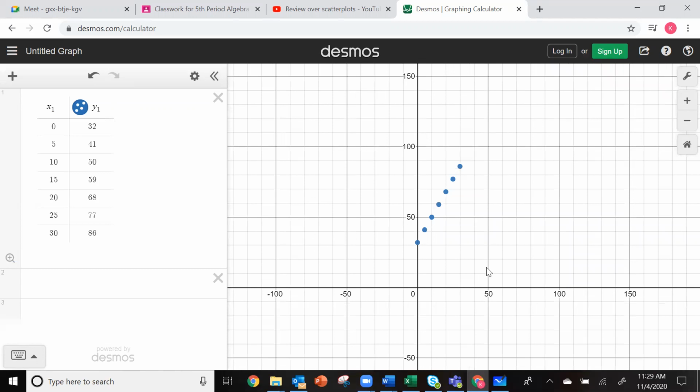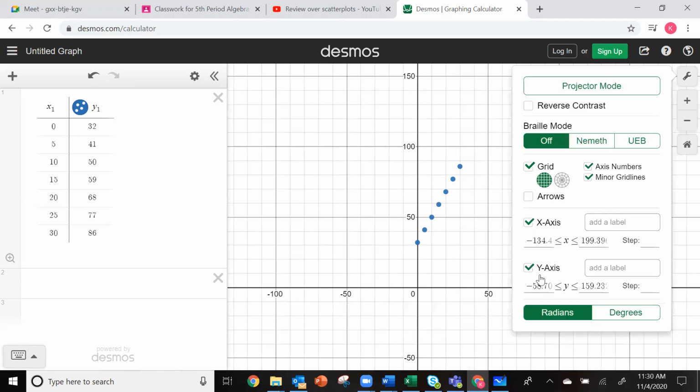One of the things that's better is to be able to set your window so that it zooms in exactly on your points. One way you can do that is you go to this little graph settings right here. And where it has X axis, look at these X numbers. These X numbers go from 0 to 30.